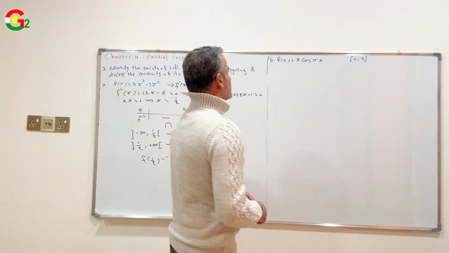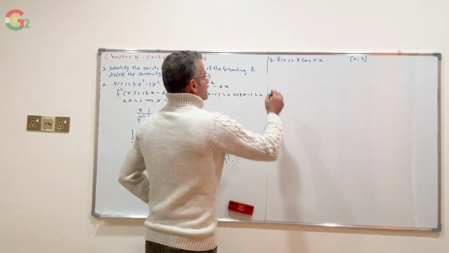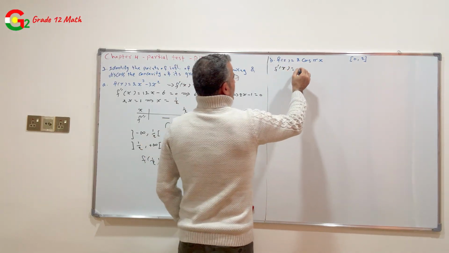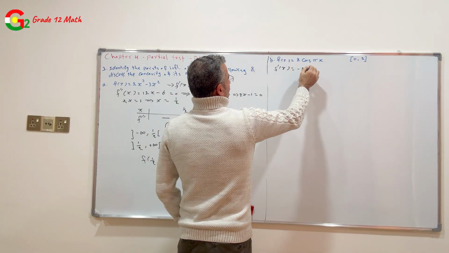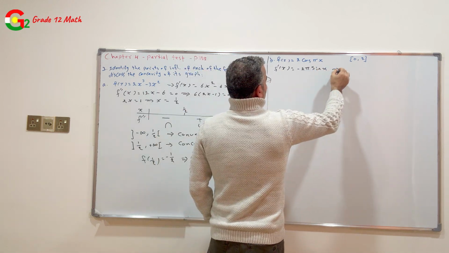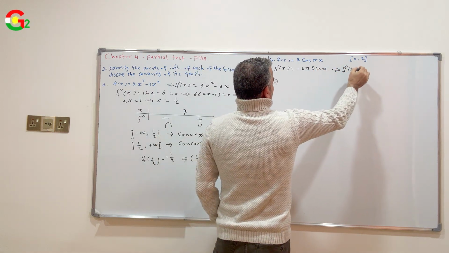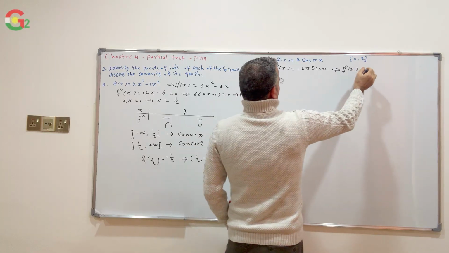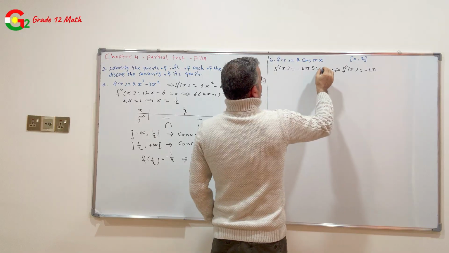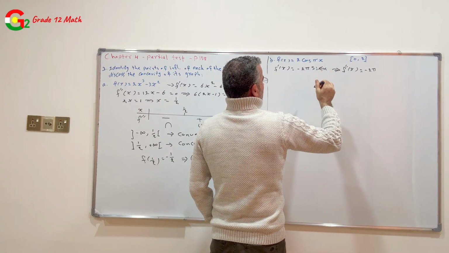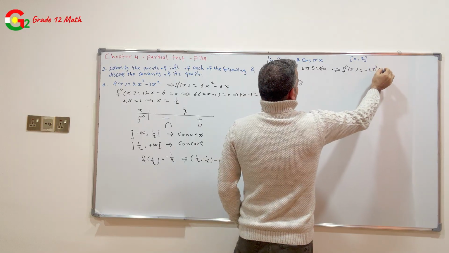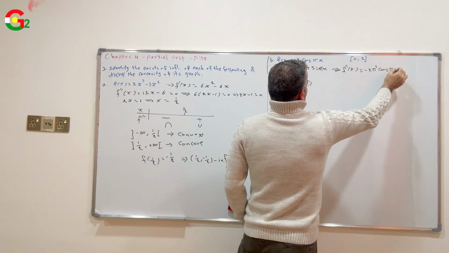Part B, f of x equals cosine pi x. F prime of x equals negative pi sine pi x, and f double prime of x equals negative pi square cosine pi x.